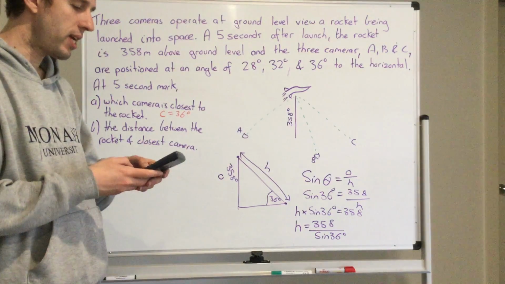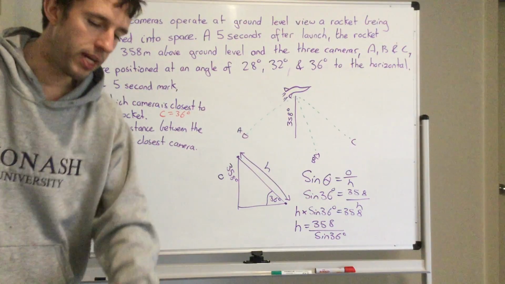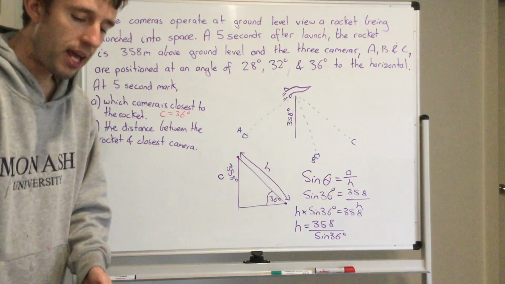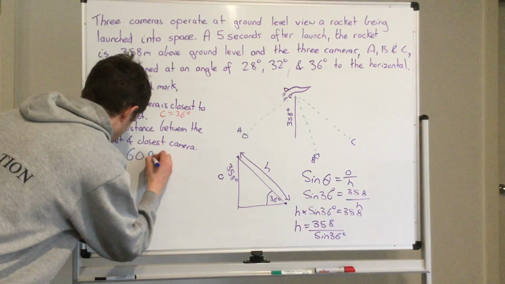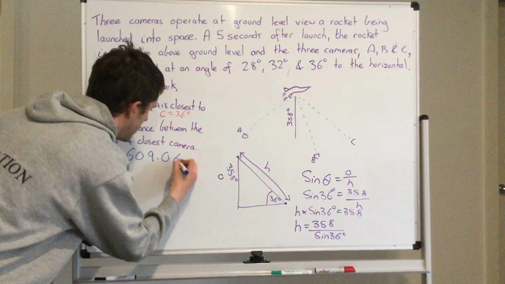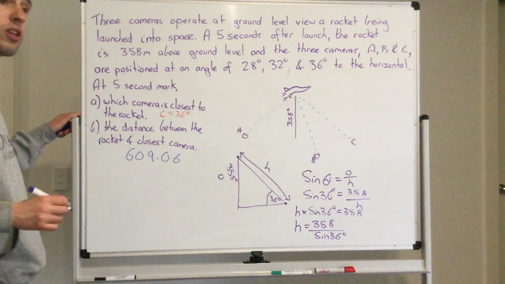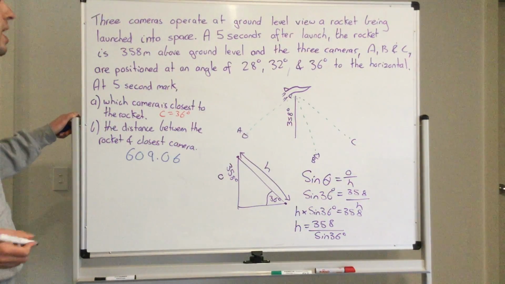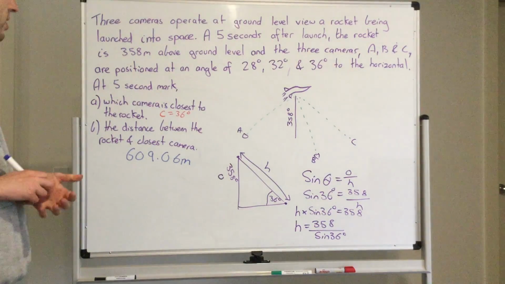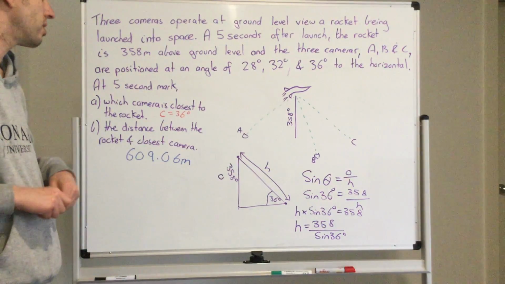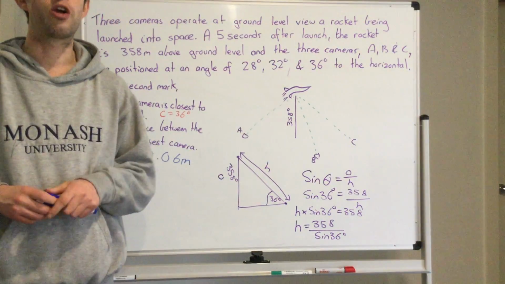The 358 divided by sine 36, and that gives me 609.06. And you need to make sure you always put the metric units in. Our metric units is meters, so it's 609.06 meters distance between camera C and the rocket.